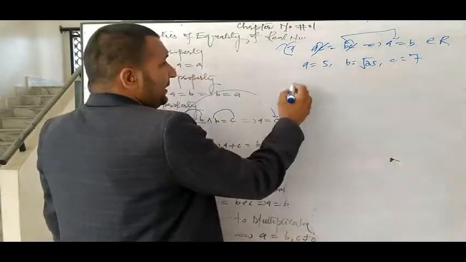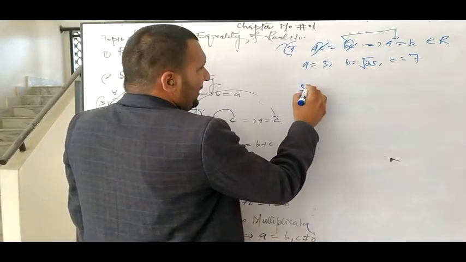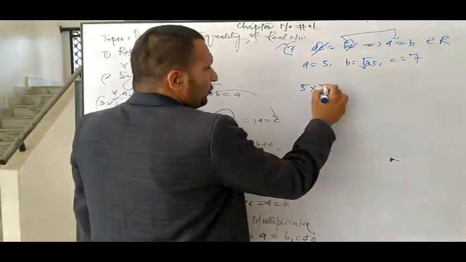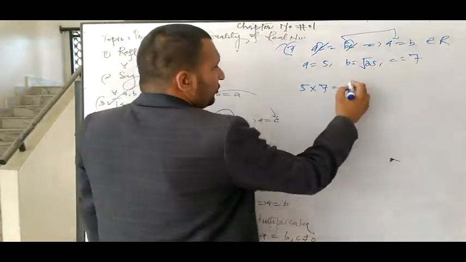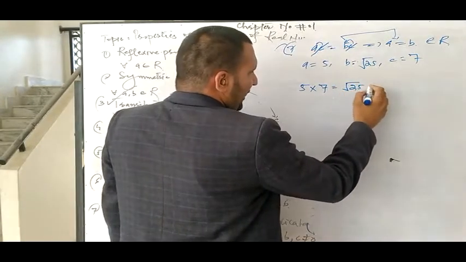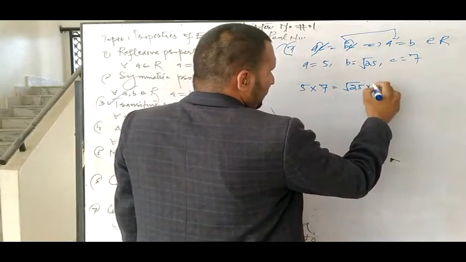Again A is equal to 5 multiplied by C is equal to 7, and B is equal to square root of 25 multiplied by C is equal to 7.